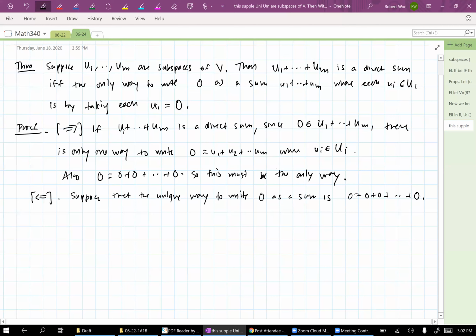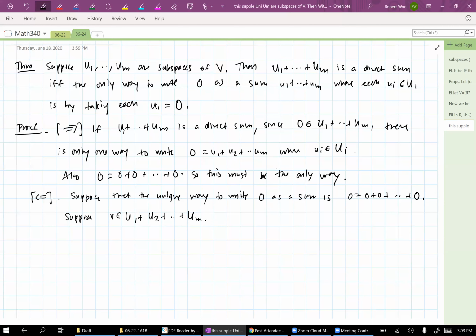This is what we're allowed to assume in the converse direction. I need to prove that the sum is a direct sum. I need to prove that every vector can be written in a unique way. Okay, so let's suppose that v is some vector in the sum. Again, I need to show that v has a unique representation as a sum.